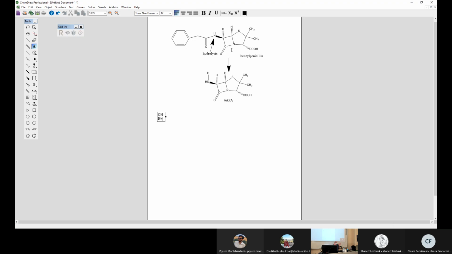So we have two same functions, but only one should be hydrolyzed. The other one should remain intact. And so at that time, the scientists tried to find the right way to hydrolyze only the external amido function.